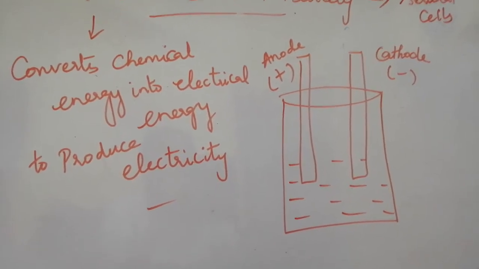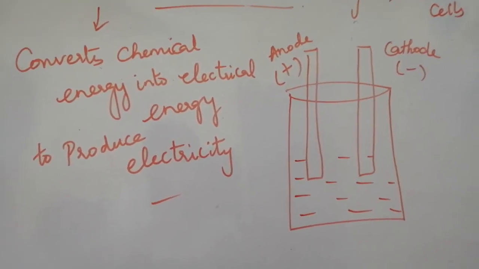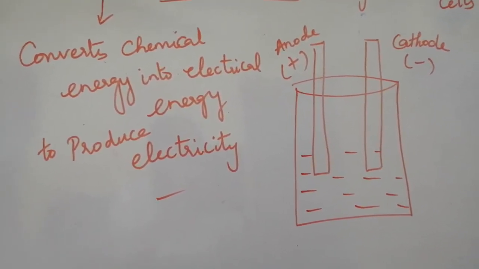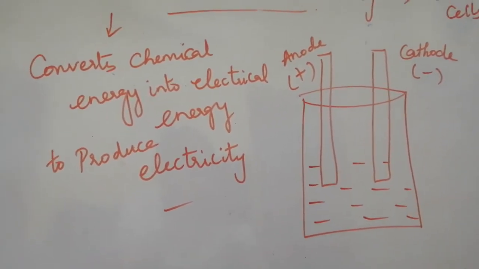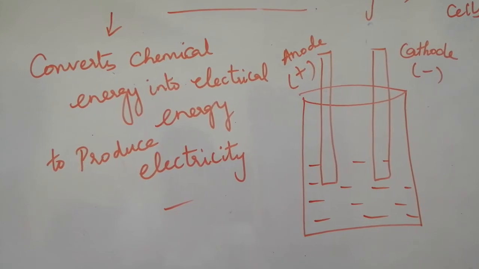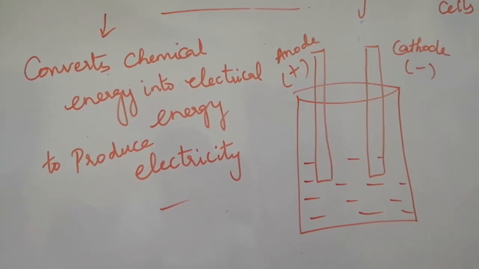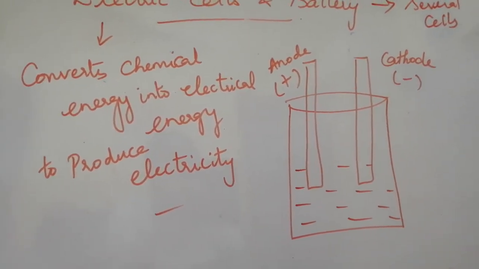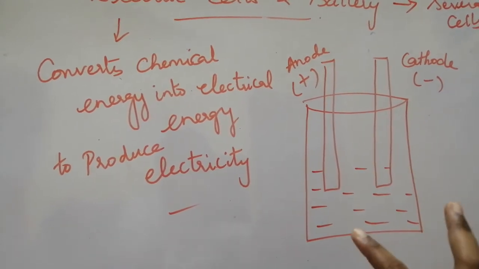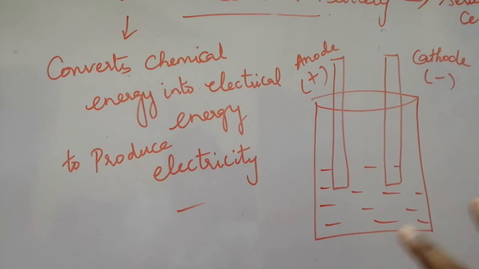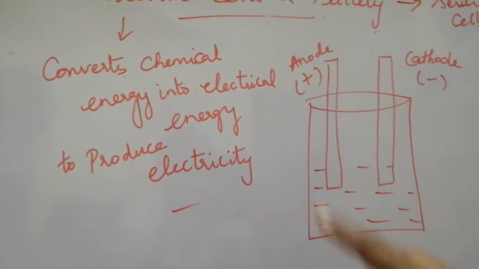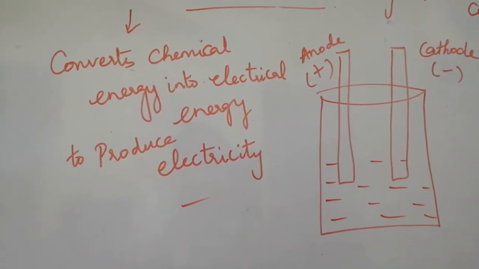Due to this chemical reaction, some potential difference will be obtained between the anode and cathode, that is between the two terminals, which makes the electrons be pushed out of this battery. This is how potential difference is created in the cell. This will happen once you connect the cell or battery to a circuit.